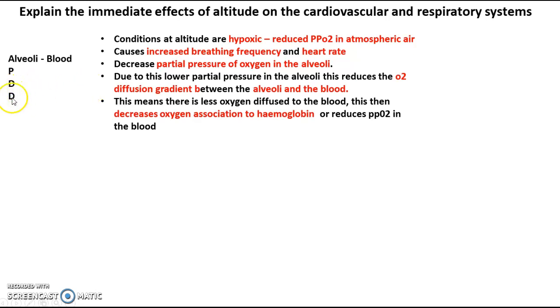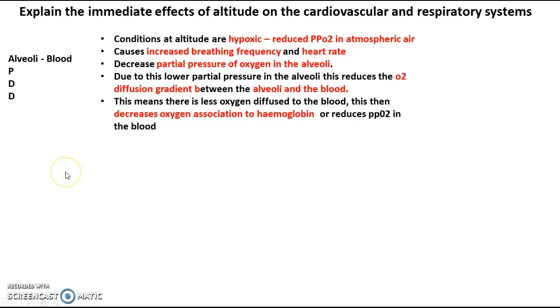That means less oxygen is diffused into the blood, and a reduction in the O2 hemoglobin association. It's exactly the same as before for gaseous exchange, but the key difference is everything is reduced because of these hypoxic conditions, where there's a reduction in the partial pressure of oxygen in the atmospheric air, which stops the process being efficient.